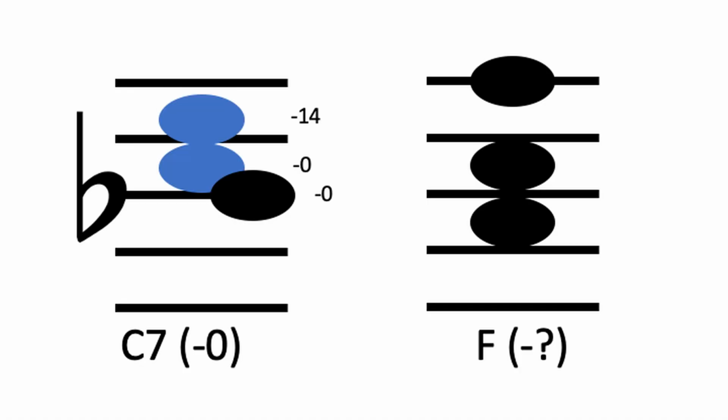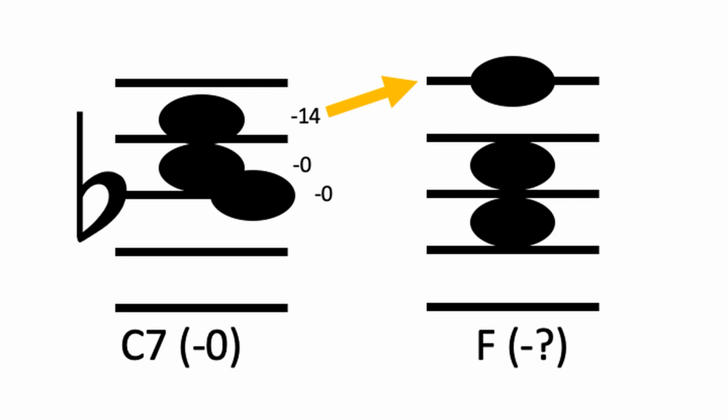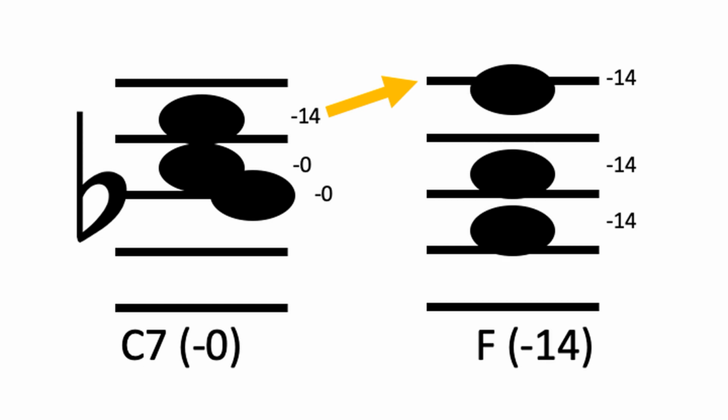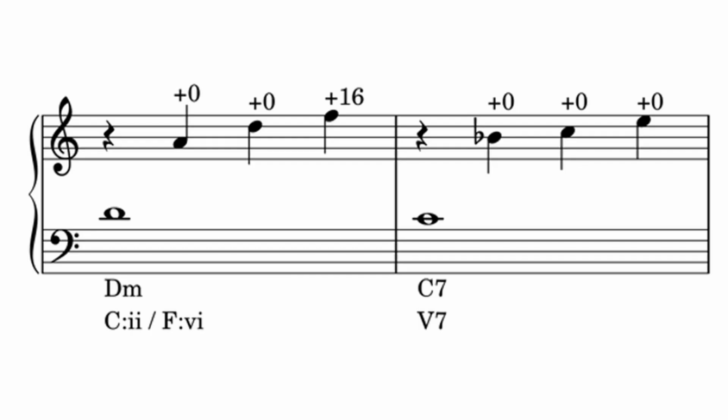We will again flatten the major third of the C dominant 7, and use that flattened third as the leading tone to an entirely flattened F major triad. You'll notice that this adjustment to the C dominant 7 chord, we do need to go make sure it still fits in with the D minor to C dominant 7 transition we had.